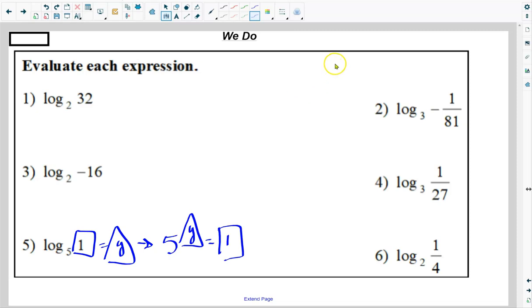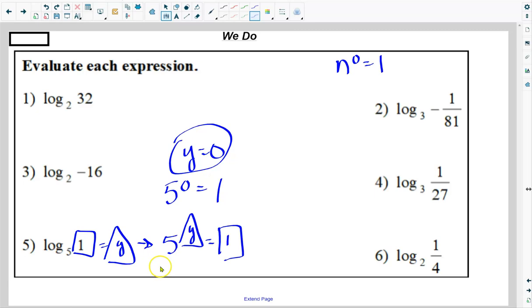Well, don't forget you've got that property that any number n to exponent 0 will always equal 1. Awesome algebra property from back in the day. So we definitely have 5 to the 0 equals 1, so y equals 0 as your exponent. Notice how much easier it is to work with these exponential equations rather than logarithms. So please appreciate that big time.